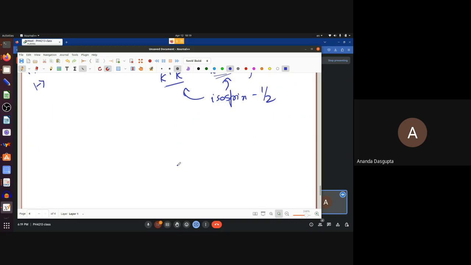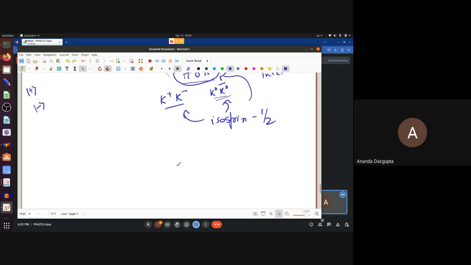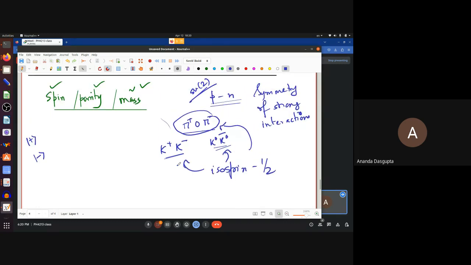All I am saying is, after some more particles were discovered, people found something else. While it is true that pi plus, pi 0, pi minus are very similar, pi 0 is just a neutral pion, without a charge.